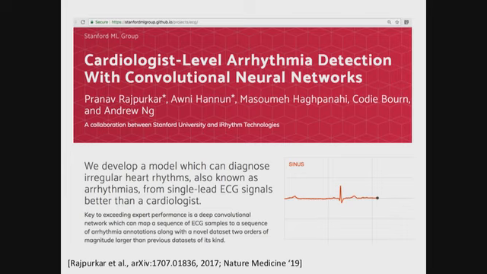So flip forward now to this year, and the article that you read in your readings, in Nature Medicine, where the Stanford group now showed how a convolutional neural network approach, which is in many ways extremely naive, all it does is take the sequence data in, makes no attempt at trying to understand the underlying physiology and just predicts from that, can do really, really well.